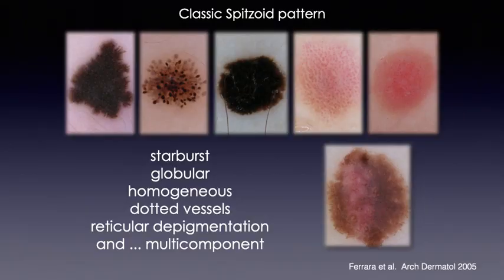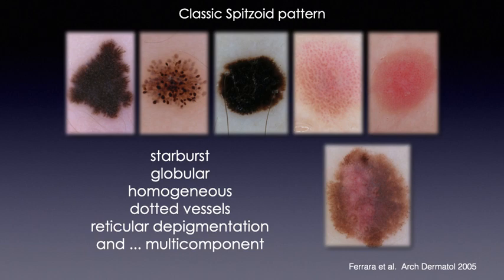First of all, why do we define a lesion as spitzoid, like those that we saw before? Thanks to dermoscopy, we have the description of the classic spitzoid pattern. We define a lesion as spitzoid if it is pigmented and we find the starburst pattern or the globular pattern, in a centrifugal appearance of large brown but also black heavily pigmented globules, and the homogeneous pattern.